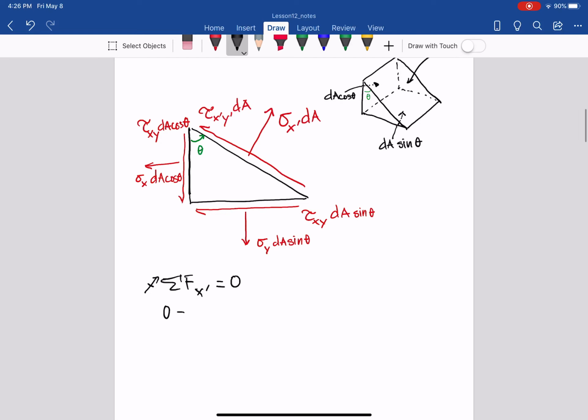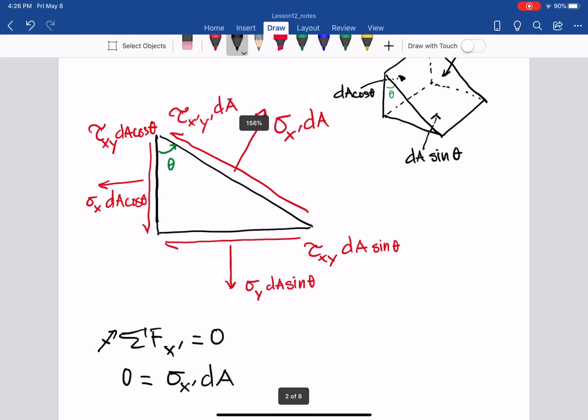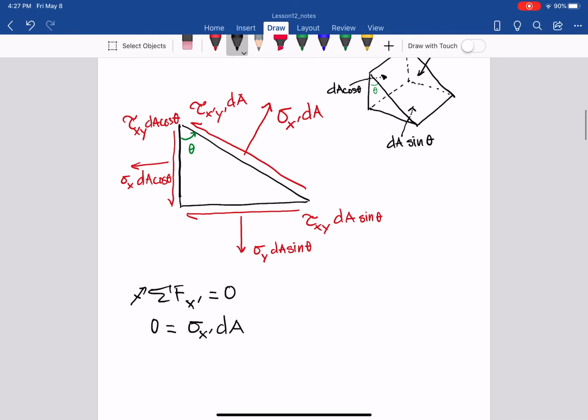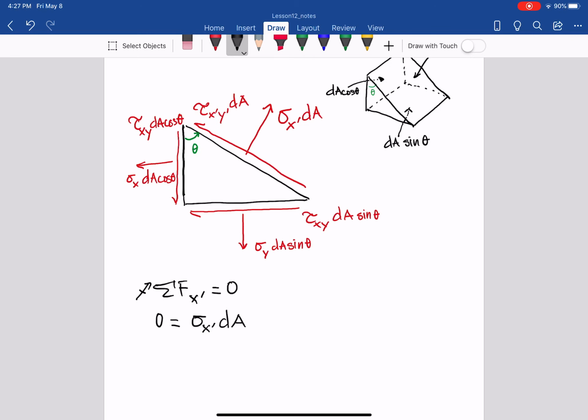So 0 on the left, I can have sigma x apostrophe dA, the tau x apostrophe y apostrophe dA cancels because that is perpendicular to the x apostrophe axis.